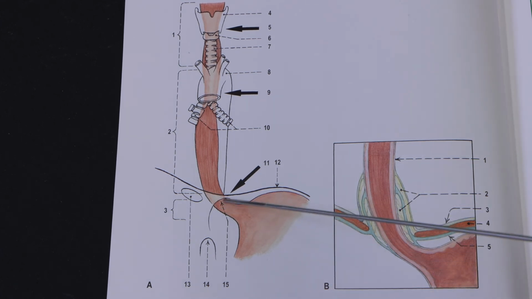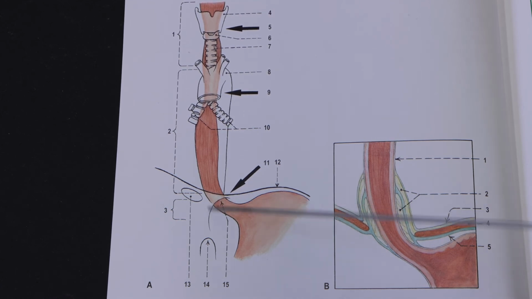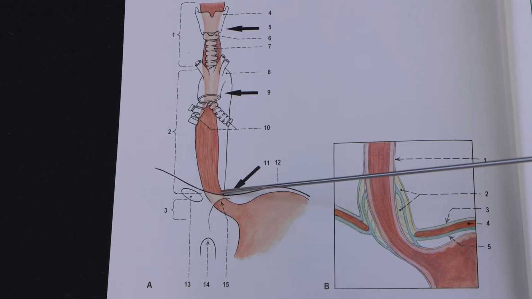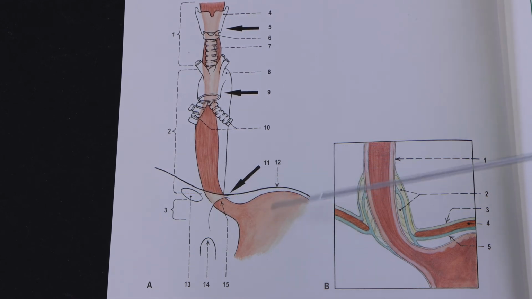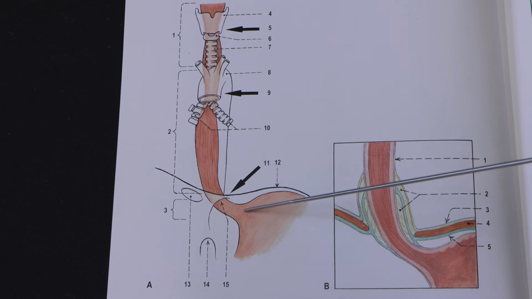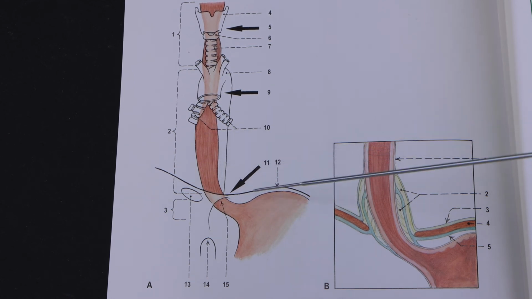In this region, when it is passing through the esophageal hiatus, it works like a sphincter, and that's why it prevents the reflux of the content of the stomach back into the esophagus.